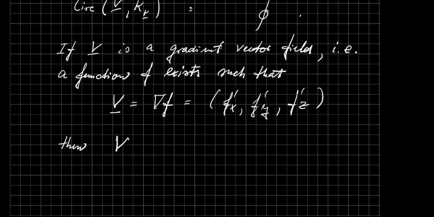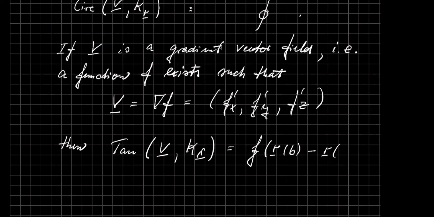Then the tangential curve integral of v along KR is the functional value in the endpoint of the curve, that is r of b, minus the initial point.